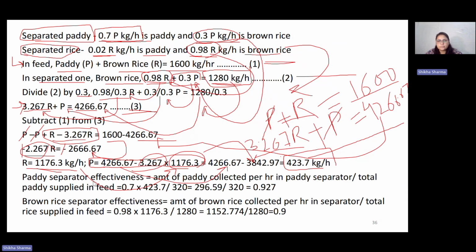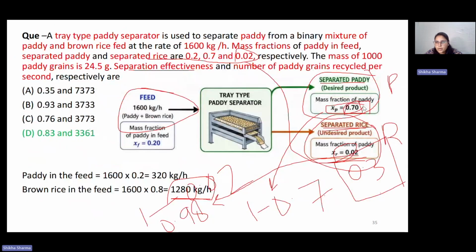So the paddy separator efficiency equals the amount of paddy collected per hour in the paddy separator divided by the total paddy supplied in the feed. Right? So it is equal to the amount of paddy collected per hour in the paddy separator, which would be this fraction into P.